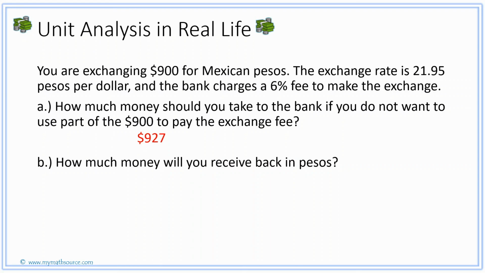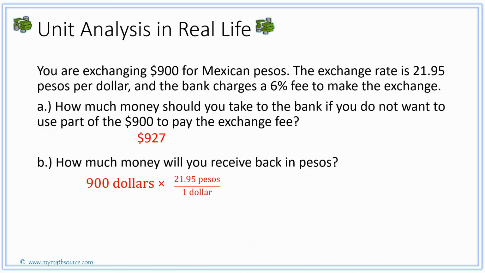Now that word per means to divide. So basically your exchange rate is 21.95 divided by $1, because that's what 21.95 pesos per dollar means. So you have 900 times that amount. So $900 times the 21.95 per dollar, per $1.